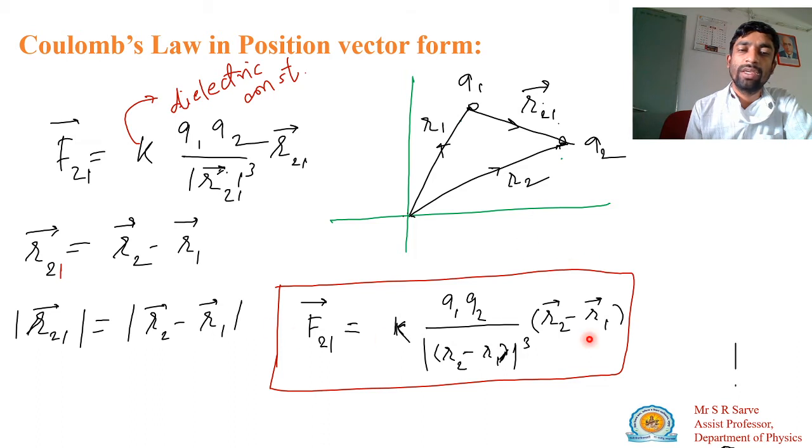So this equation gives Coulomb's law in which form? In position vector form.